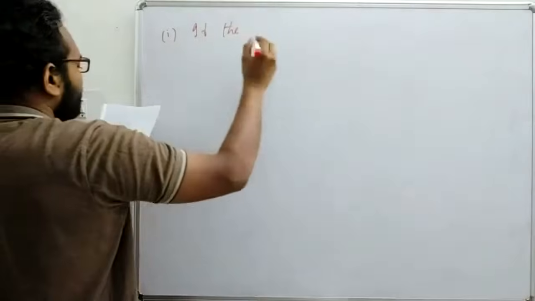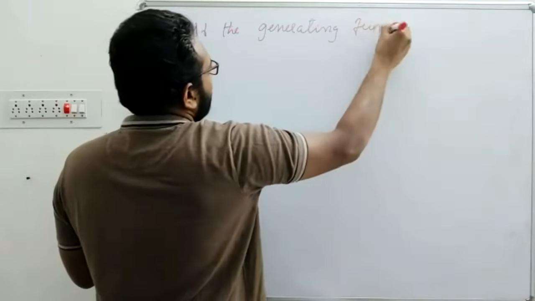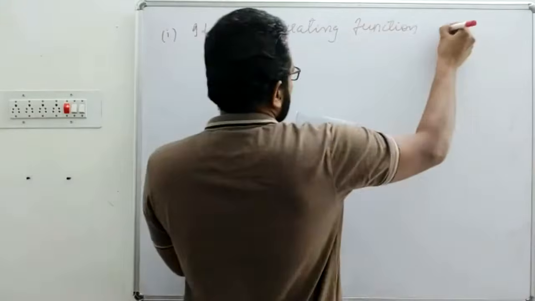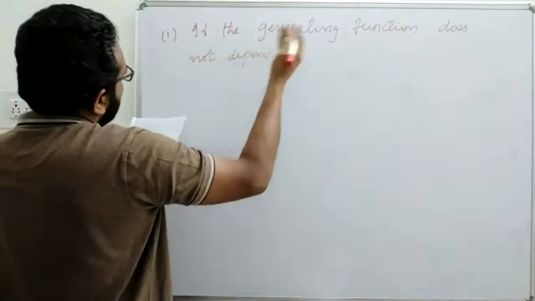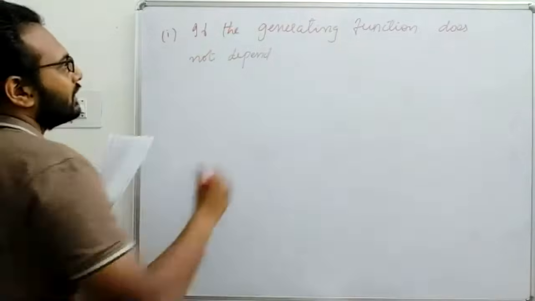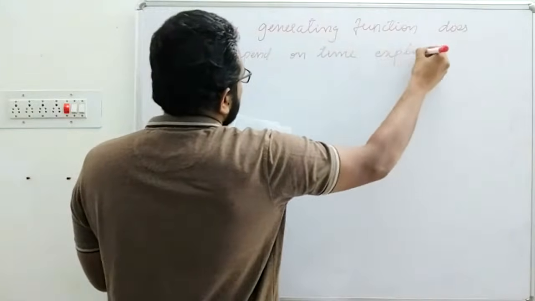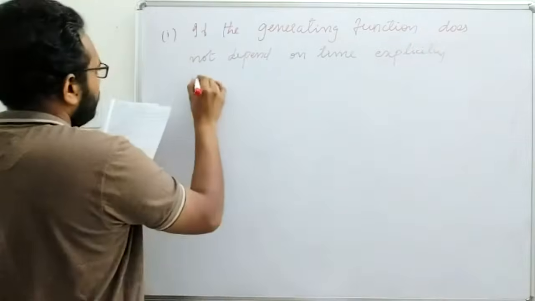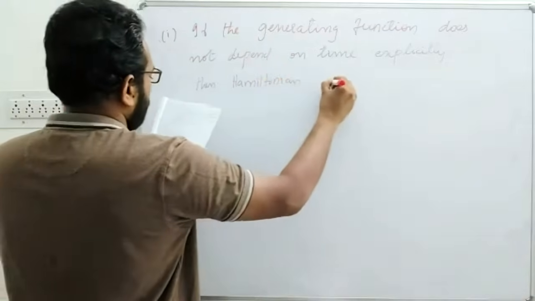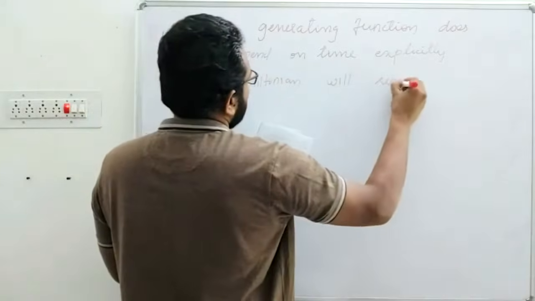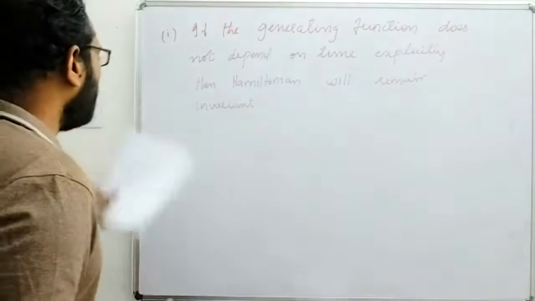If the generating function does not depend on time explicitly, then the Hamiltonian will remain invariant under a canonical transformation.